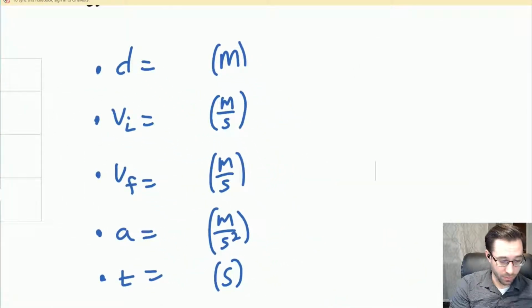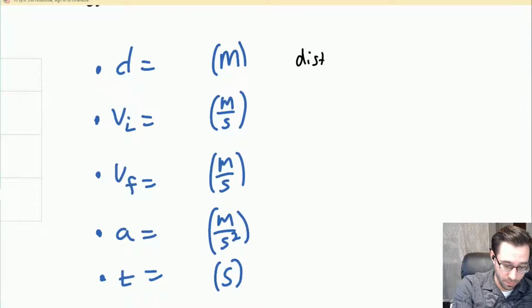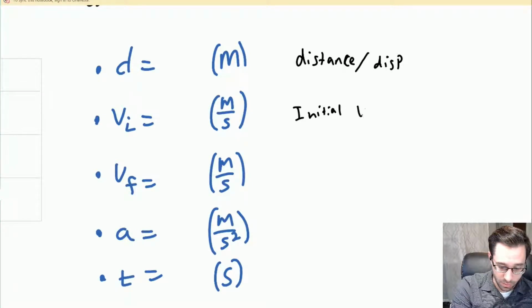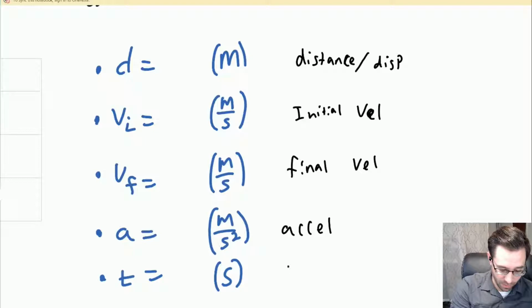I've got my distance or displacement, initial velocity, final velocity, acceleration, and then time.